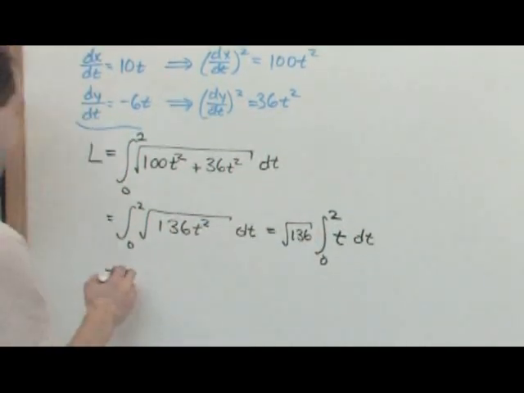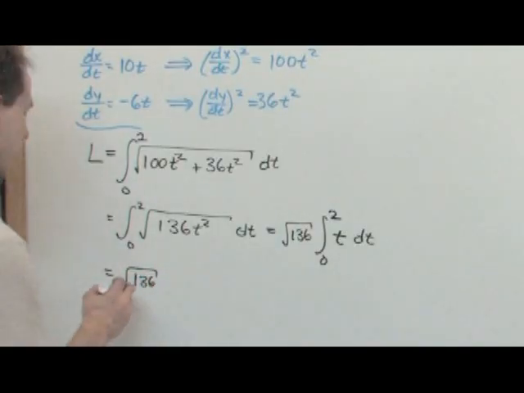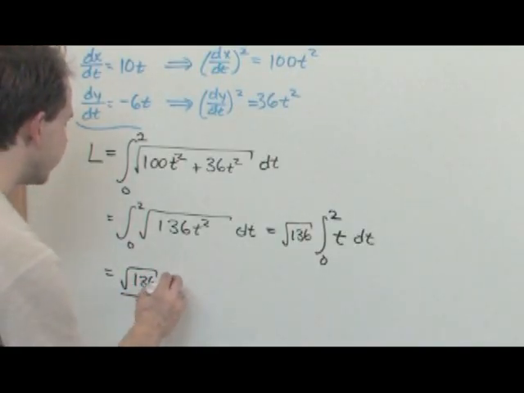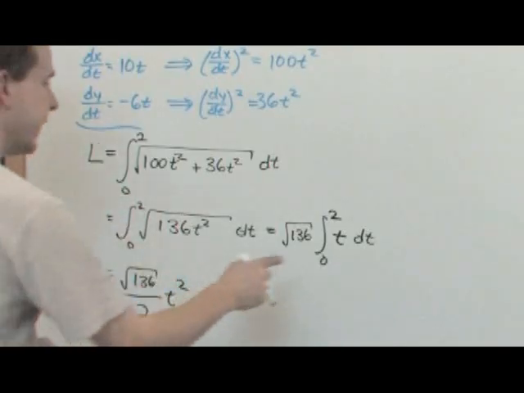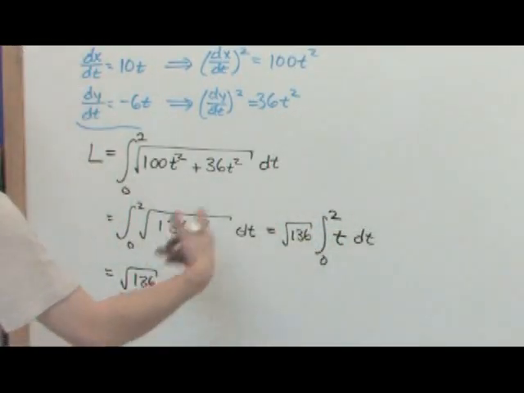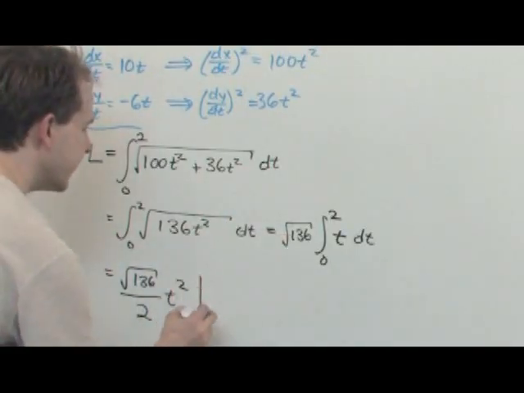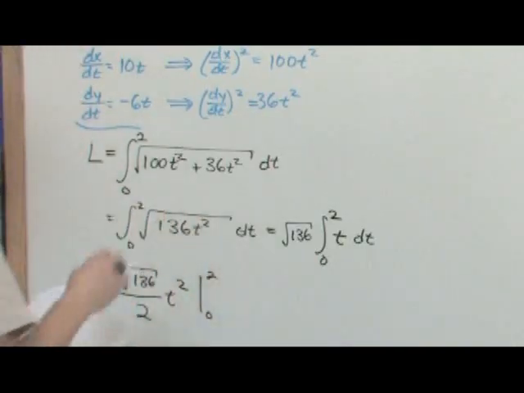And so I'm going to have root 136 over 2 times t squared, taking the integral of this, because it's one over the exponent plus 1, and then t to the exponent plus 1. I'm evaluating that from 0 to 2.